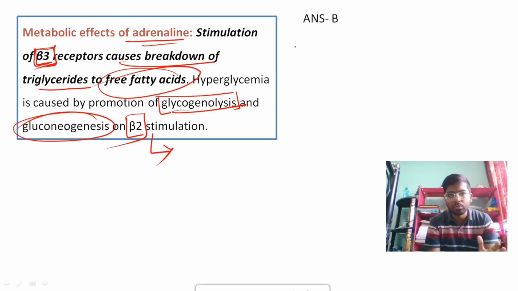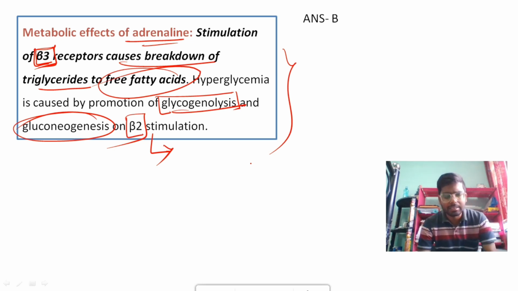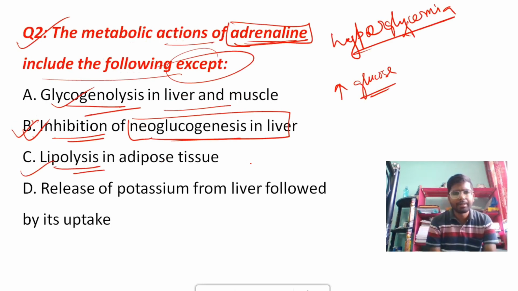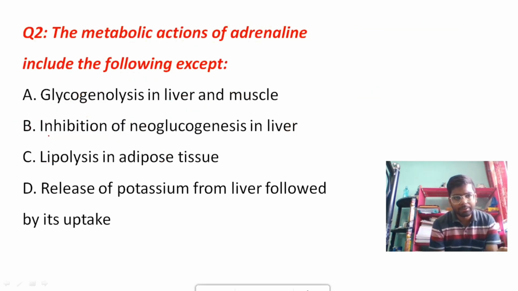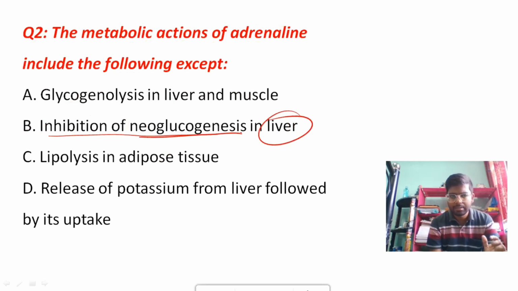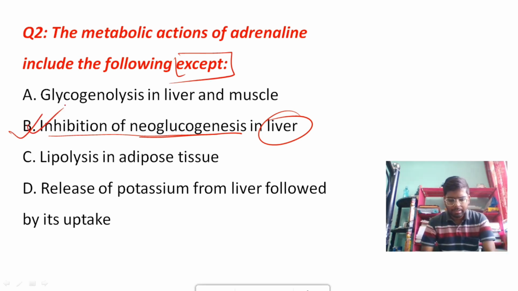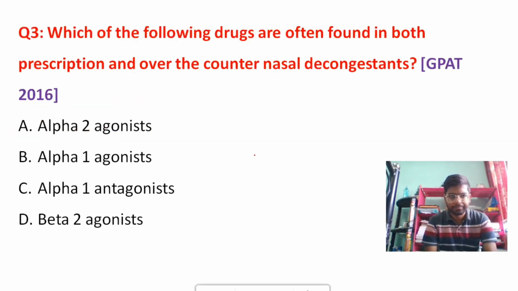So these two mechanisms are responsible for the hyperglycemic action of insulin. But option B is telling about inhibition of gluconeogenesis in the liver. That is false. It is not the action of adrenaline. So option B will be your answer.